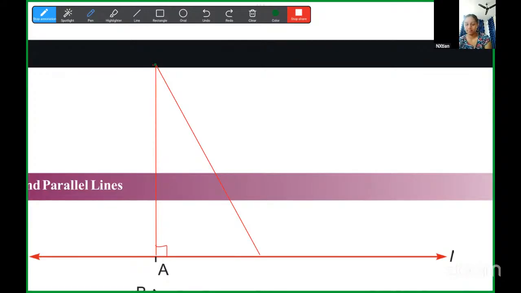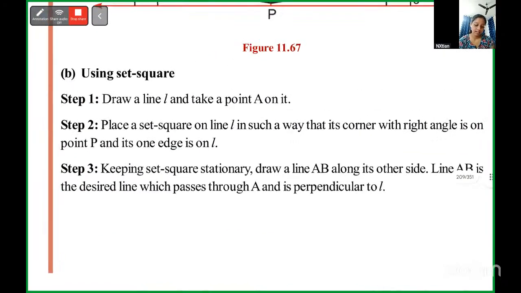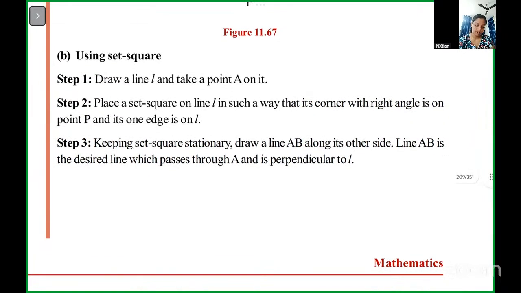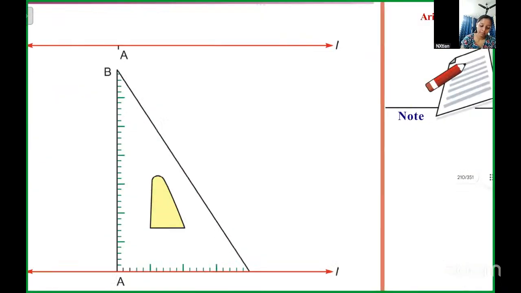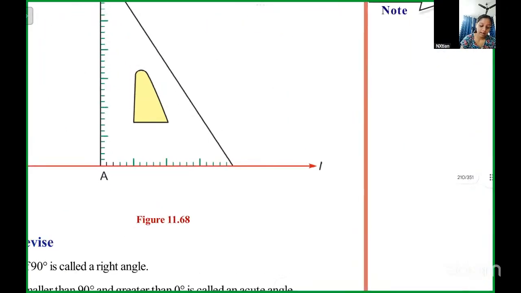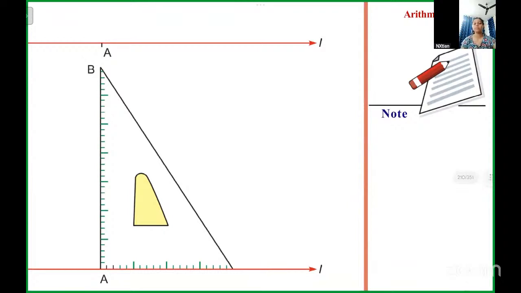Done, ma'am. Okay. Now the next step is to draw a line, join it, and name it point B. And join AB.